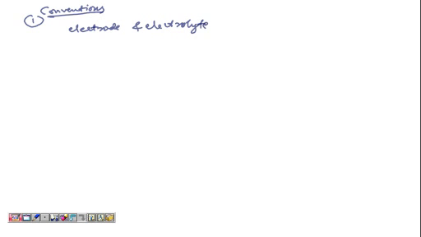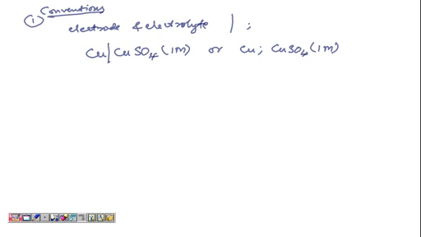This is represented by a simple bar, or it is also represented by using a semicolon. So either can be used. For example, a copper rod dipped in copper sulfate is represented as copper in contact with copper sulfate of 1 molar concentration, or it can also be written as copper semicolon copper sulfate in brackets 1 molar. So like this you can write.